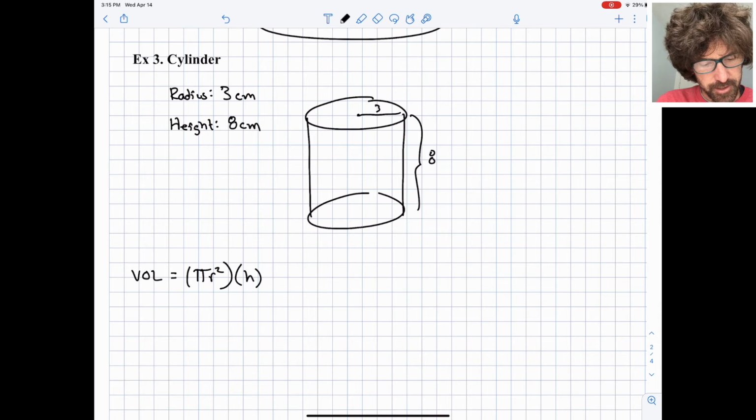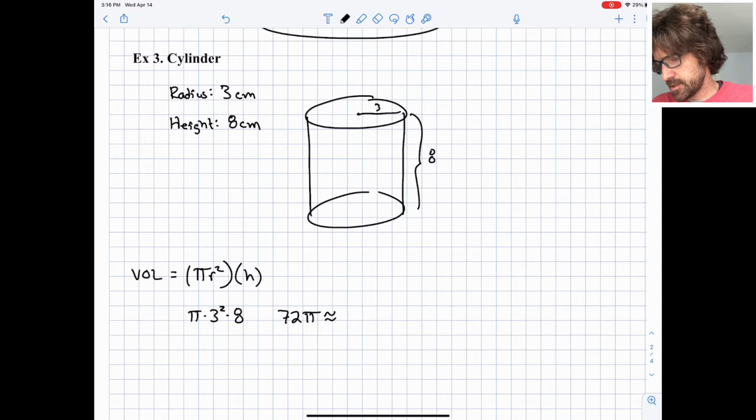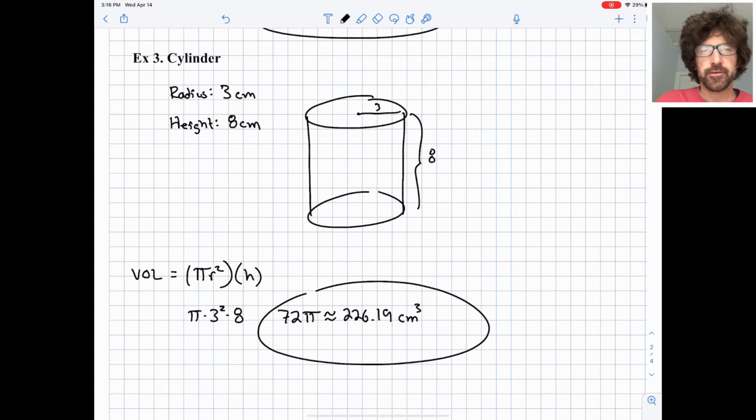So this is going to be pi times 3 squared times 8, which turns into 72 pi. And again, the decimal approximation would be 226.19, and this would also be in cubic centimeters. So both of those would be a legitimate solution right there. About 226 cubic centimeters.